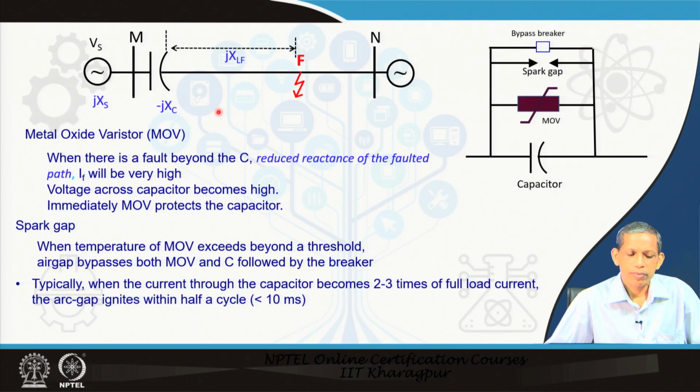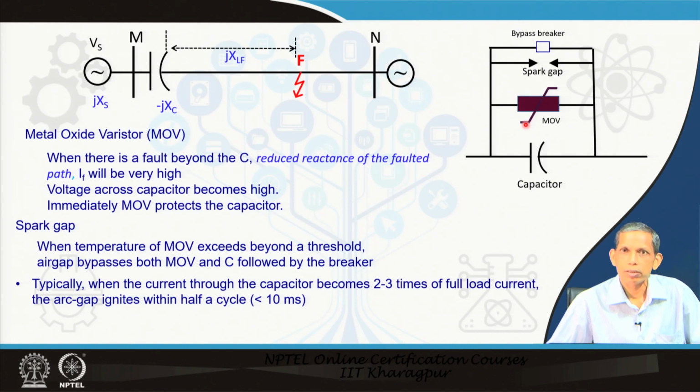Now, this capacitor has its own protection arrangement. Each capacitor in each phase may be a bank of capacitors connected in series and parallel to have the required capacitance for the particular compensation.